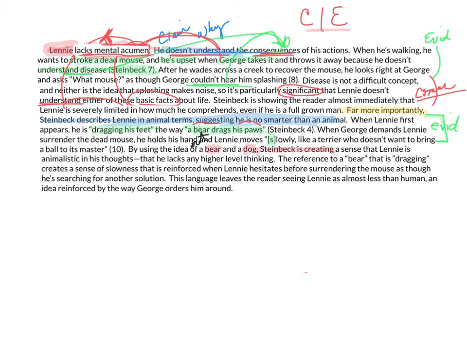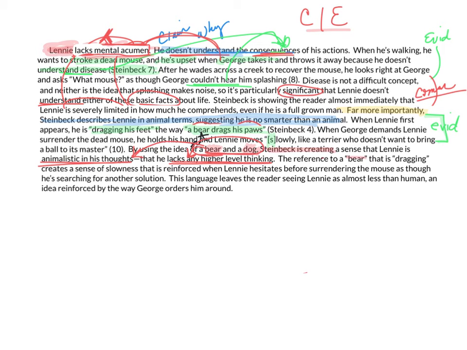What is the effect of the language? The effect of this language is the sense that he is animalistic in his thoughts, this sense that he lacks higher level thinking. So you're talking about how this language has this effect, and you have to make sure you explain why you say that. And that's what you see in the next bit.